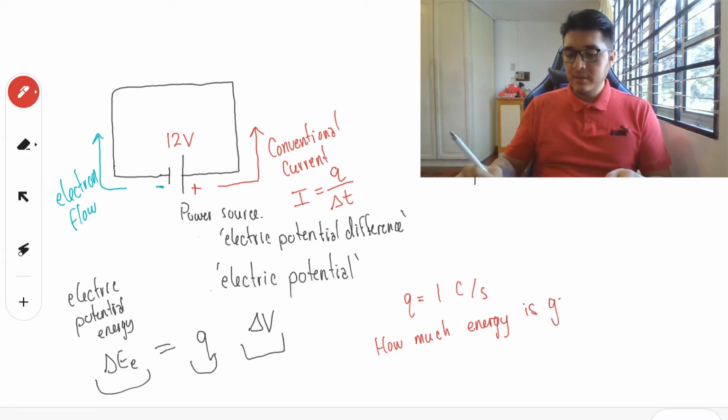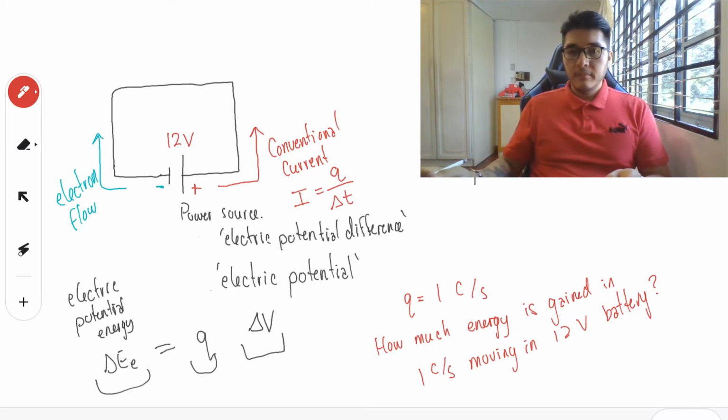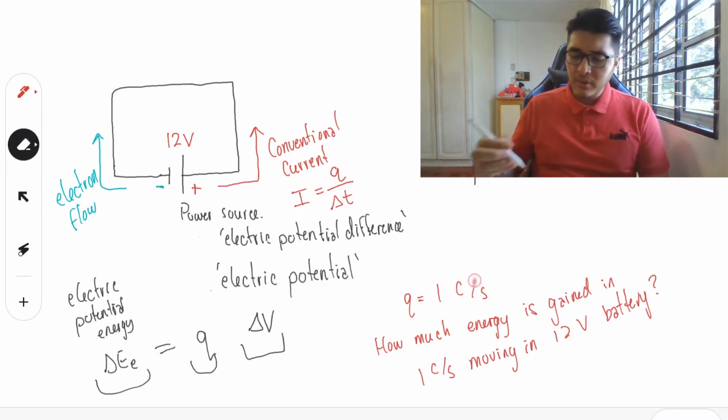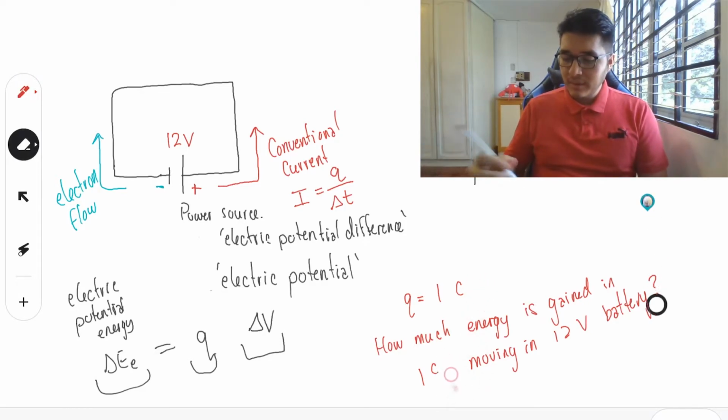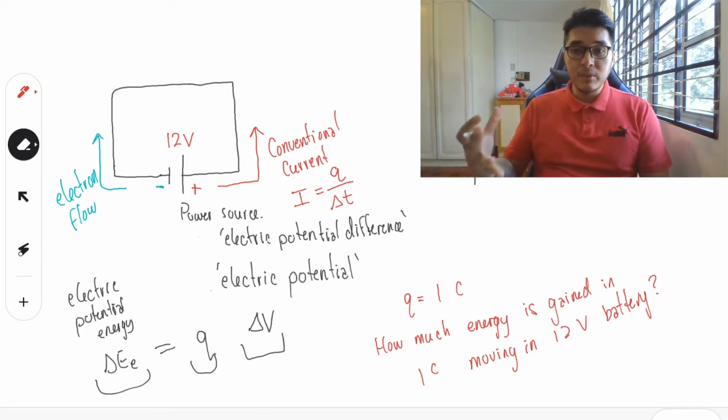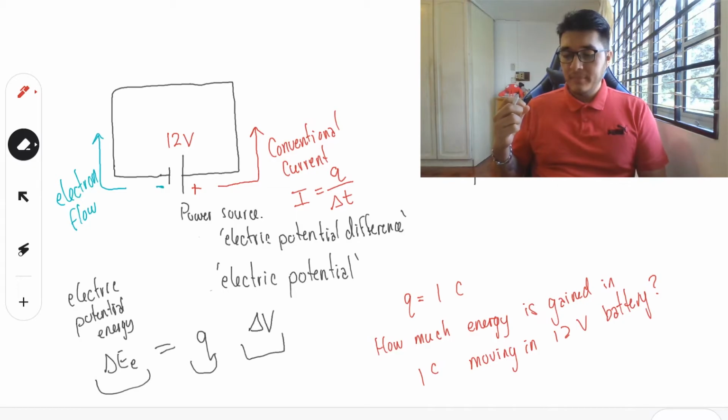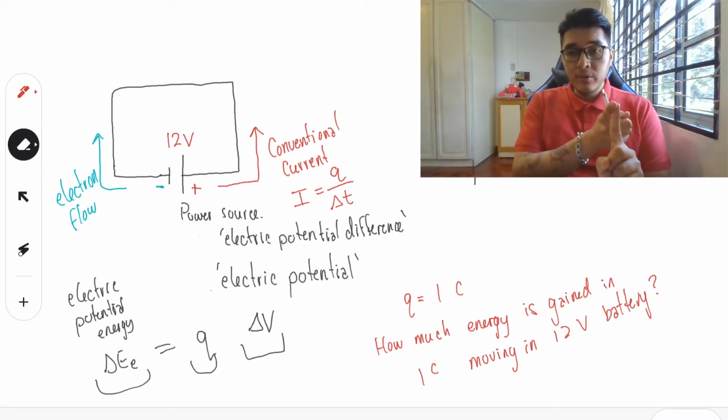How much energy is gained by 1 coulomb moving in a 12-volt battery? It's a simple calculation. You should be able to just use mental math. Oh, sorry, I put the wrong unit. For charge, it should be just coulomb.